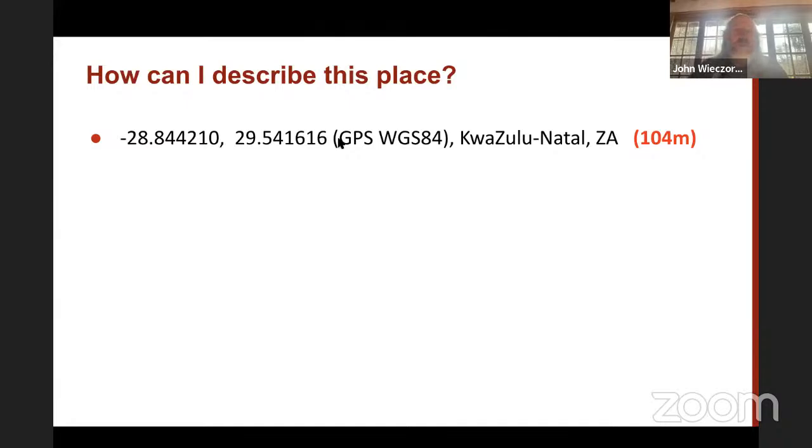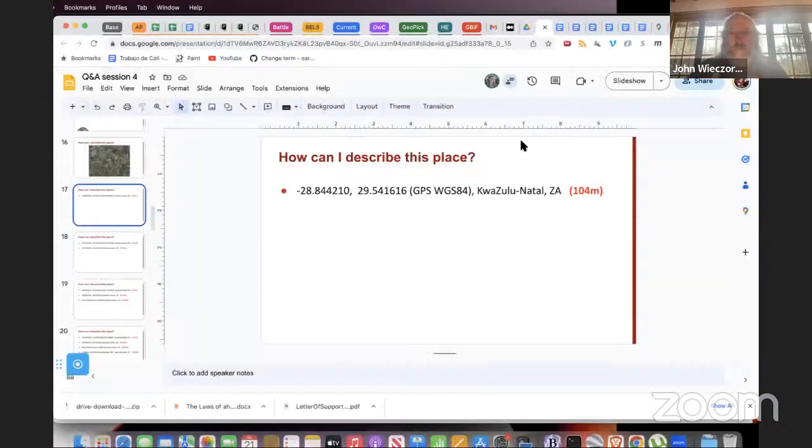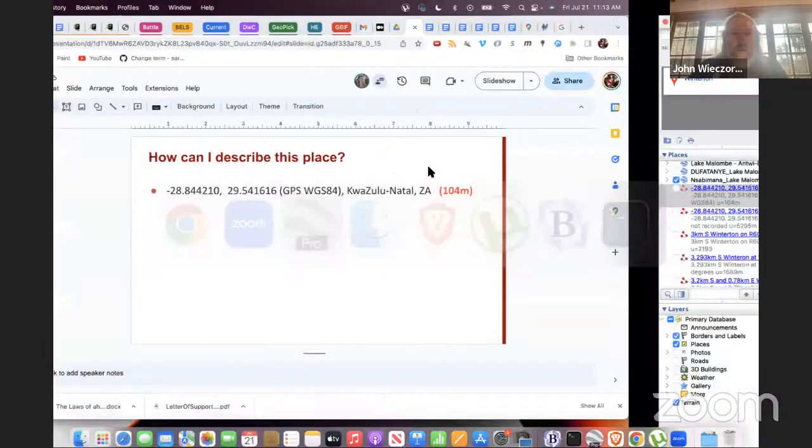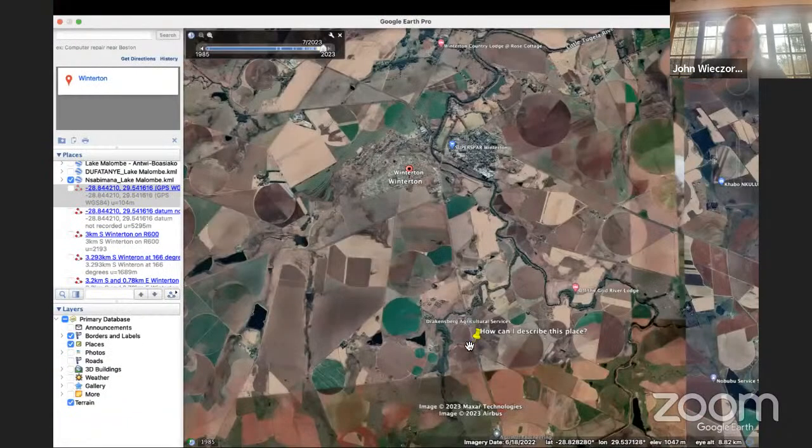If we do a georeference based on that, let me switch over to Google Earth. I've got the same thing here on Google Earth. My marker is down here. It says, how can I describe this place with a yellow marker? Winterton is up here. And I'll just go directly to my result for that, which should be this.